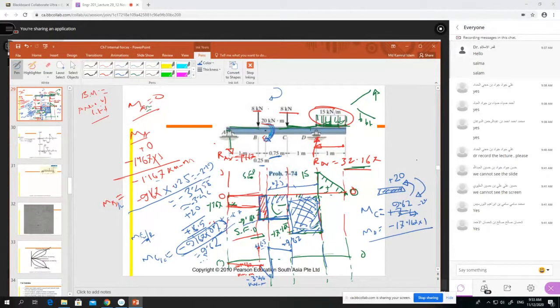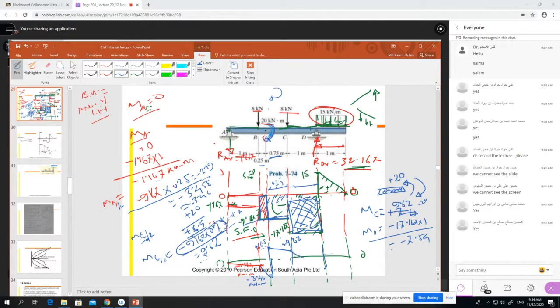So we will have the result 9.62 minus 17.167, so 7.54. We will have 7.54. So whether it is plus or minus, it will be minus. It is minus 7.54. And what is the point? MD, because it is here, right?